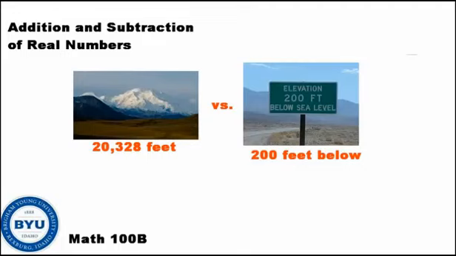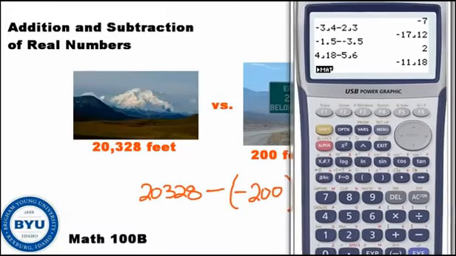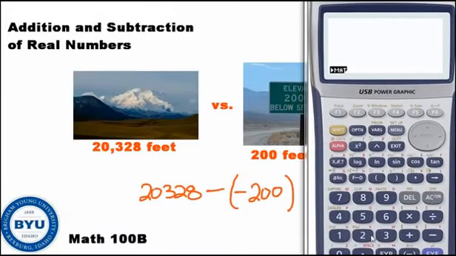And so the problem that we have here to set up is 20,328 feet minus, because we're doing the difference. And then we have Death Valley, which is 200 feet below sea level. And so we would need to mark that as a negative because it's negative 200 feet, below sea level. And so as we work that out, that would be how we get the answer for the difference in the change of altitude.